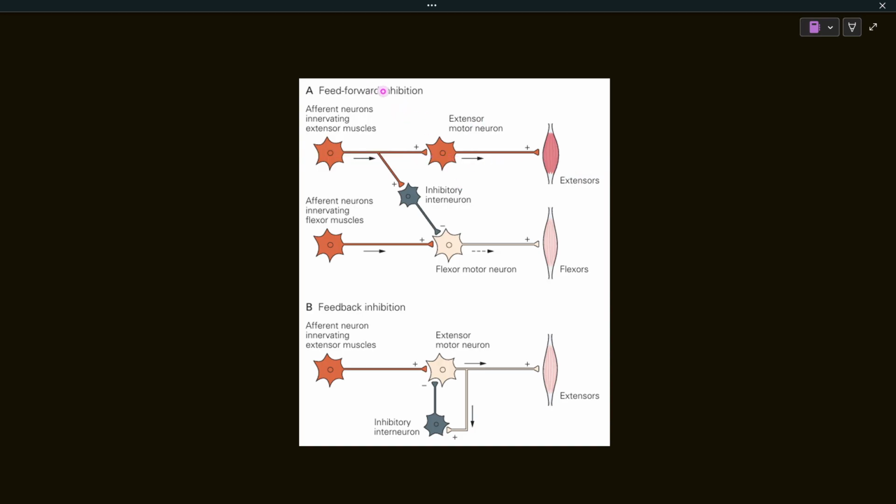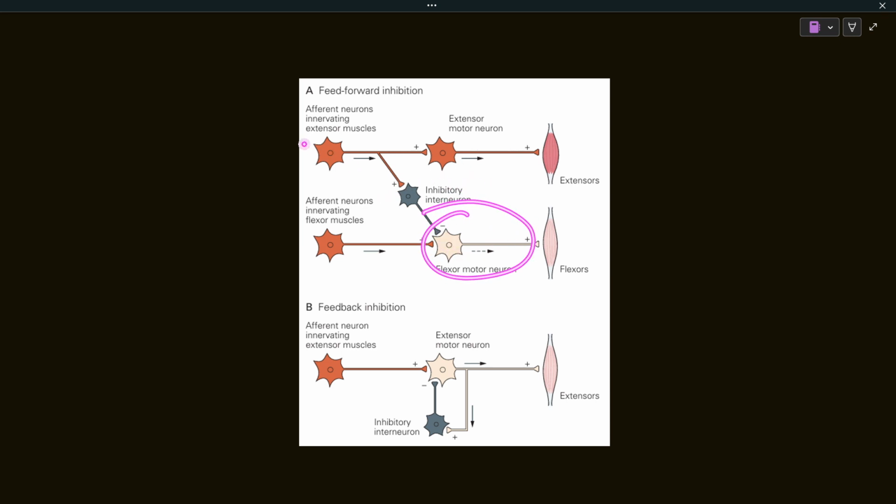But what happens in feed forward inhibition is that a second synapse is formed by the afferent neurons. So the afferent neuron is sending its information to two different neurons. First, the extensor motor neuron for extension to happen, and on the other hand, it is also sending the information to an inhibitory neuron, which is going to form a synapse with the flexor motor neuron.